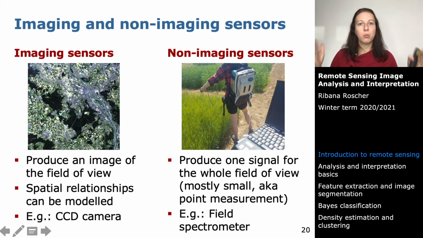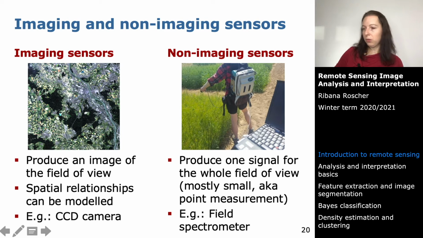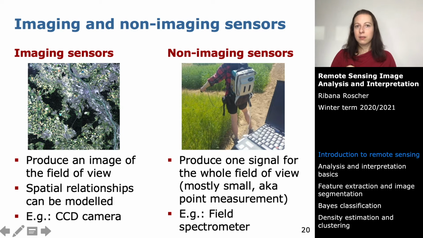You just get one piece of information for the whole field of view, mostly a small area. Here you can see a field spectrometer. You go into the field and take a measurement in a small area, for example, on a leaf, and then you get one piece of information about it. It's sometimes called a point measurement, because it's a very small area.